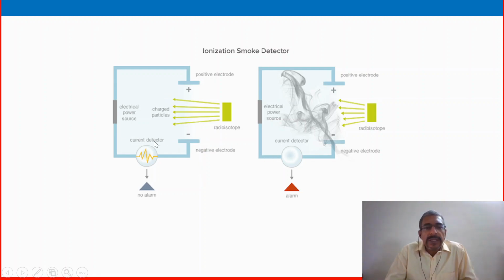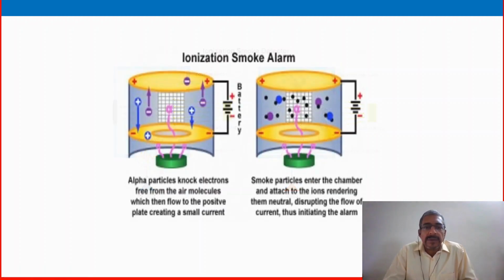In this one there is a clear normal condition, no smoke has entered the chamber, and it is not disturbing the path. In this one, have a look, smoke is present inside, with the negative electrode, positive electrode, radio isotope and current detector. The electrical power source ionizes this and creates an alarm. This is how the smoke detector works.